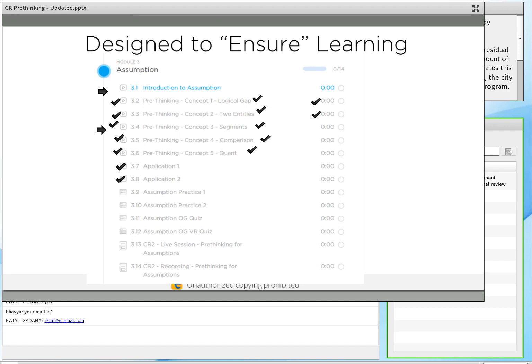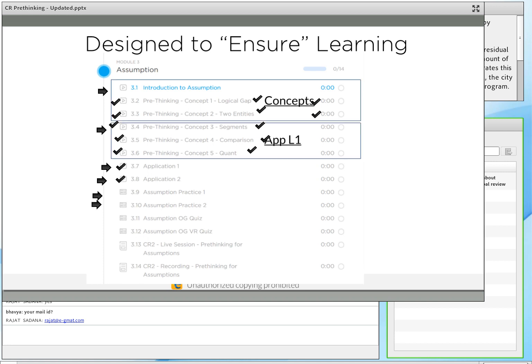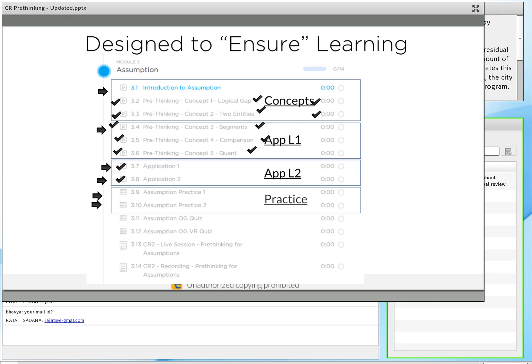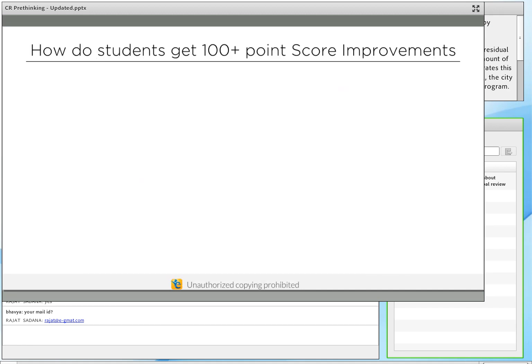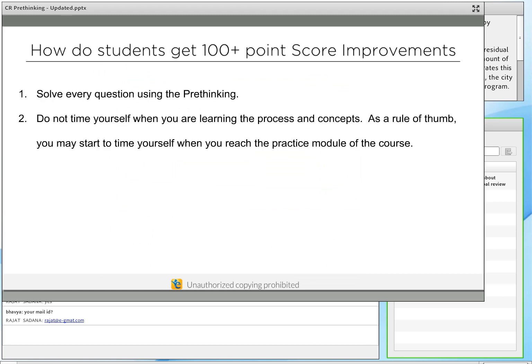And then here you have a set of formal application, and then practice, and then you have the OG quizzes. So application L1 is level 1, application L2 is level 2, and then you have practice. If you went through all of this in this live session, it would have been the most impactful.